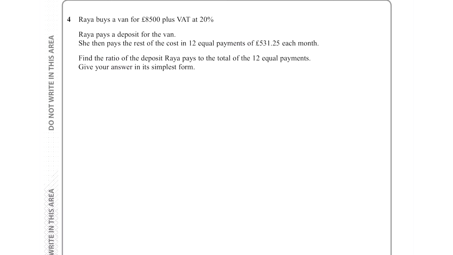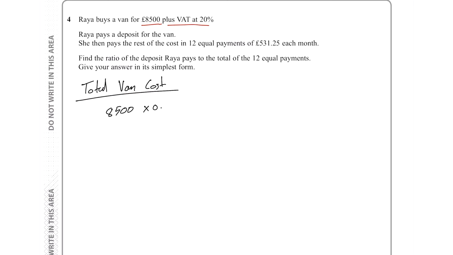Okay, the first thing we want to do is find out the total it cost, because at the minute it says Raya buys a van for £8,500 plus 20% VAT. So the total van cost is going to be 8,500, and we're going to add 20% VAT to that.